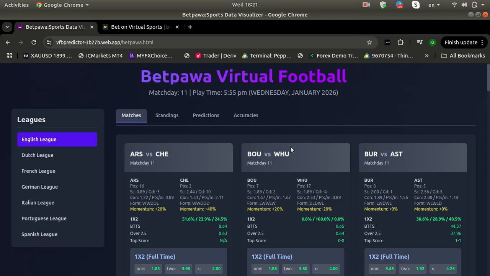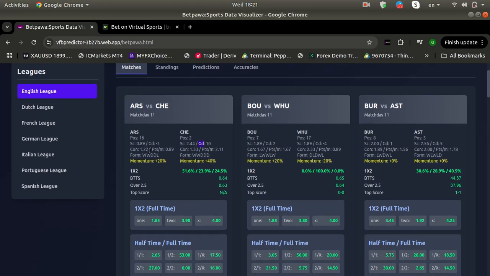So guys, let's touch on GD. GD means goal difference. You take the goals scored minus goals conceded. So a negative number means that that team has been scored on a lot more than it has scored.